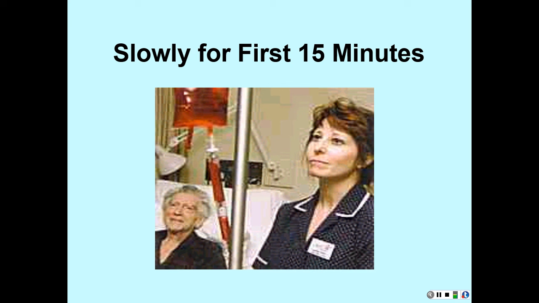So you think about IV tubing that's this long, if not a little longer, and it's going at 50 milliliters an hour, and I've got to stay with my patient for 5 minutes.